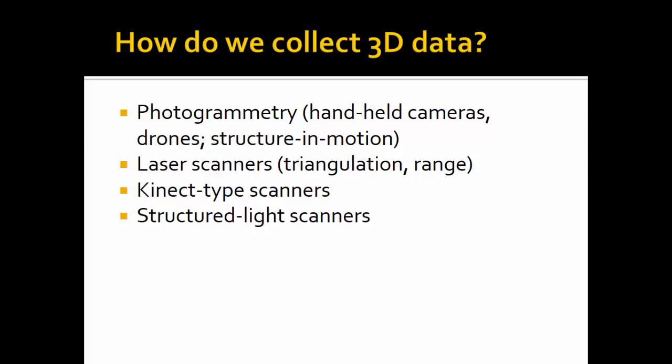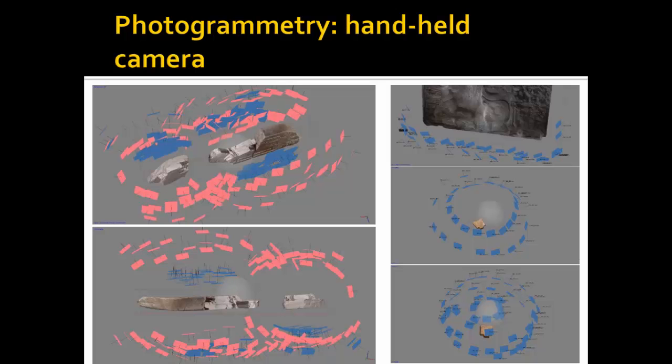And we can take measurements of the surface in a number of ways using photographs, using lasers, using motion Kinect type devices, but also using the so-called structured light scanners. Photogrammetry is the most straightforward way of capturing 3D, and it has been becoming a kind of mainstream technology in archaeological documentation.